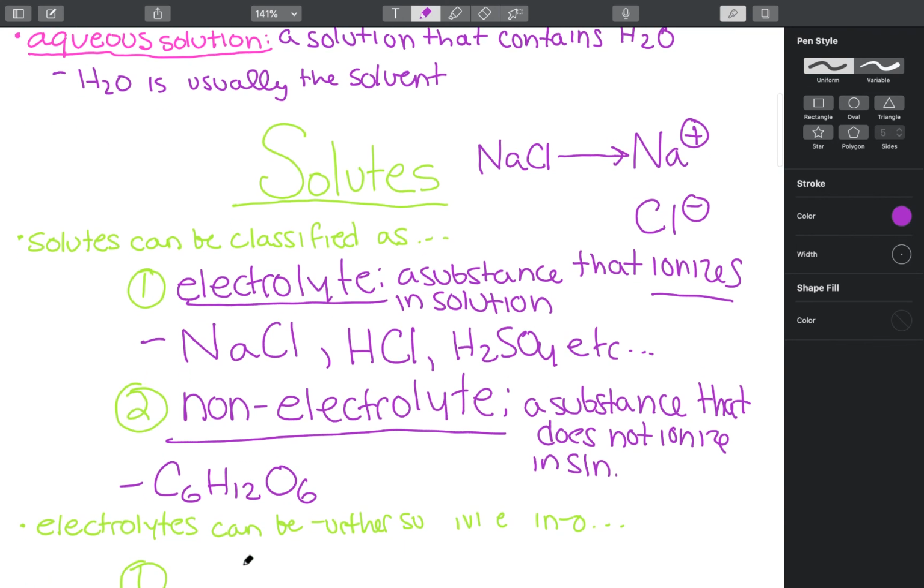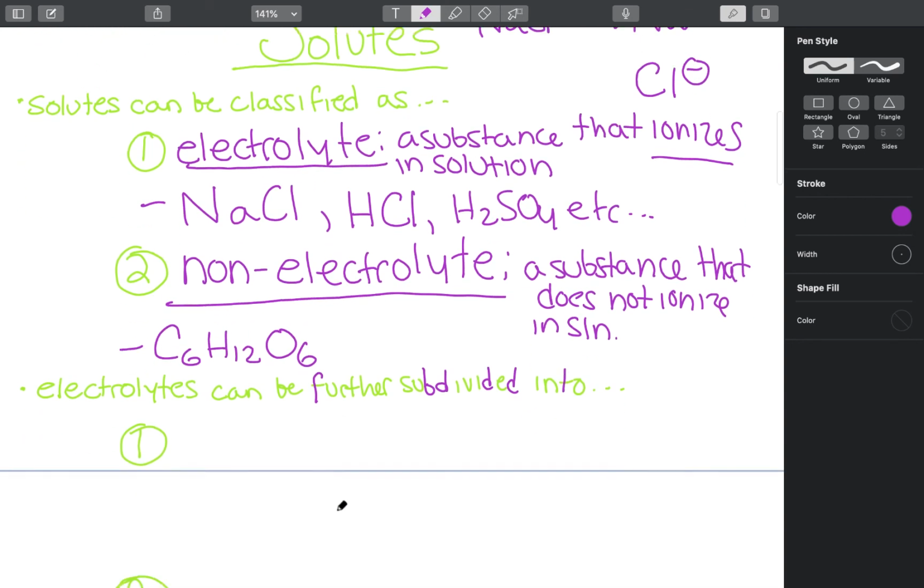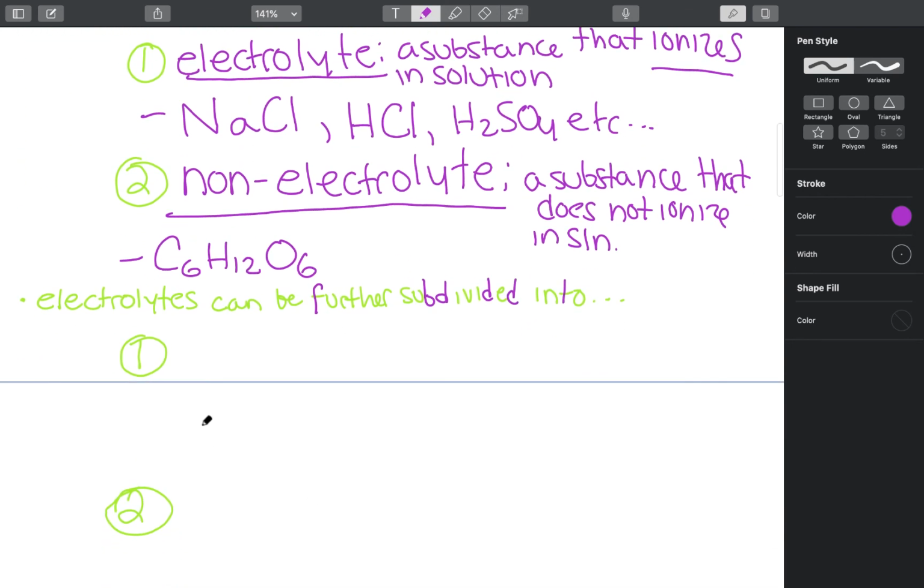So electrolytes can be further subdivided into two different categories. The first category are the strong electrolytes.